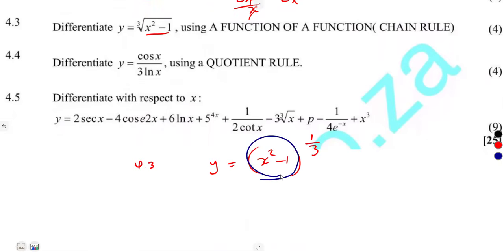In terms of x, we're going to introduce another function u to represent our f of x, which is x squared minus 1. Therefore, this equation is now written as y is equal to u to the exponent of a third.